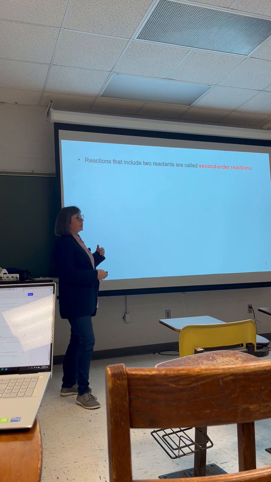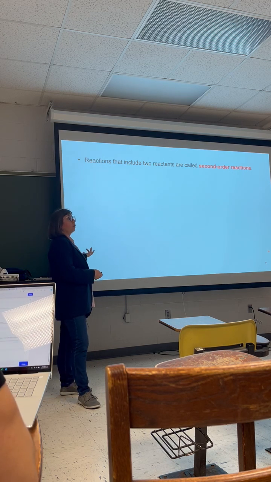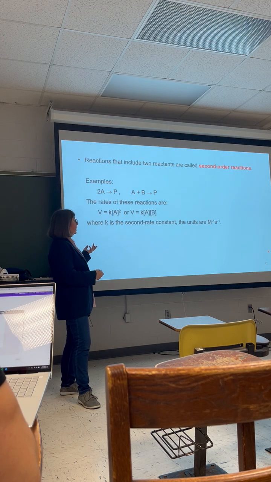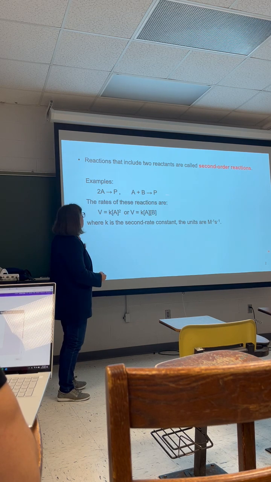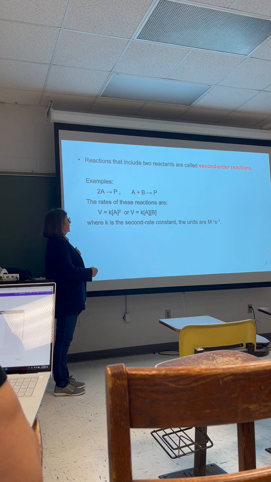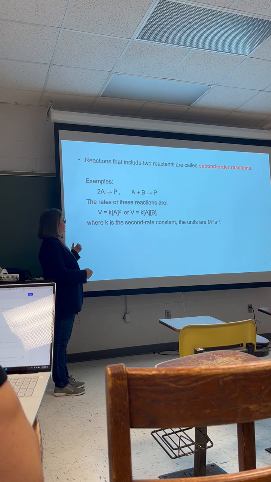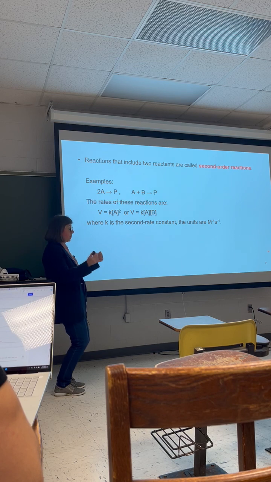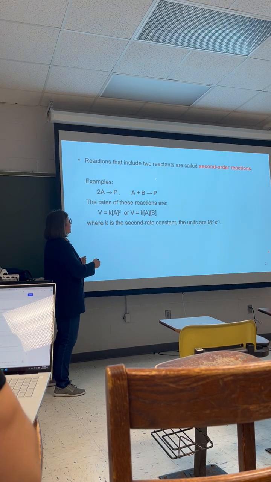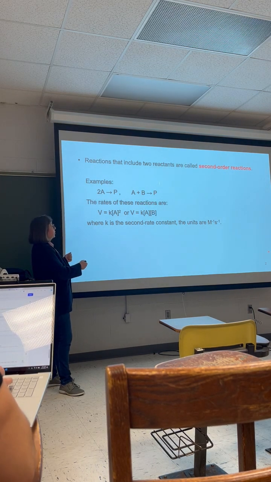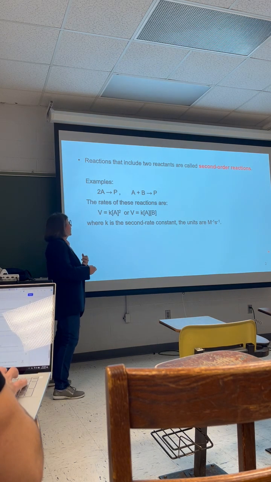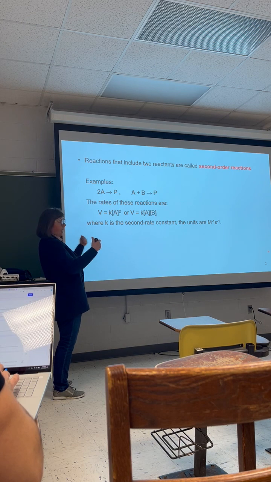Okay, now, of course, the majority of reactions that take place in nature are not that simple, and they could be second order reactions. So you could have two substrates, A and B, giving you product P. Maybe they are combined and joined together, and you have product P. Or maybe two identical molecules A are coming together and are converted into product.